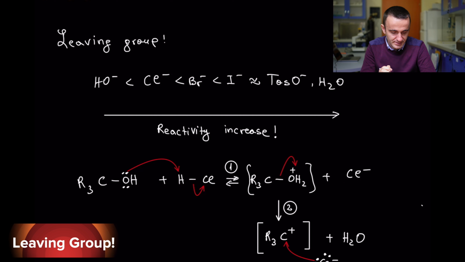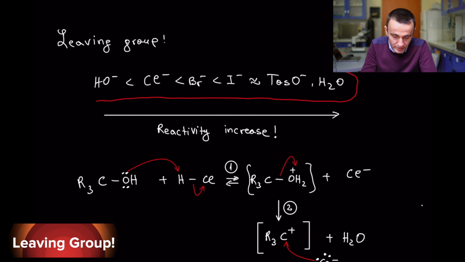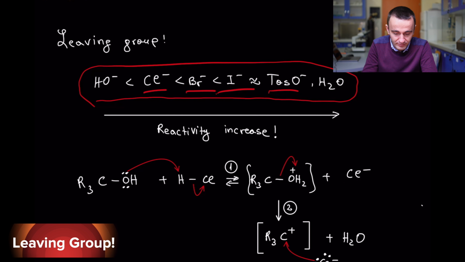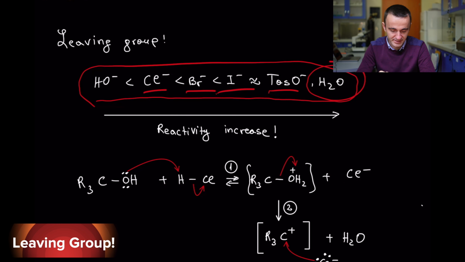Thus the SN1 reactivity order is the same as for SN2: tosylate, iodine, bromine, chlorine. You note here that you also have water. This is because SN1 reactions are often carried out under acidic conditions, and neutral water is sometimes the leaving group. We will see an example here.